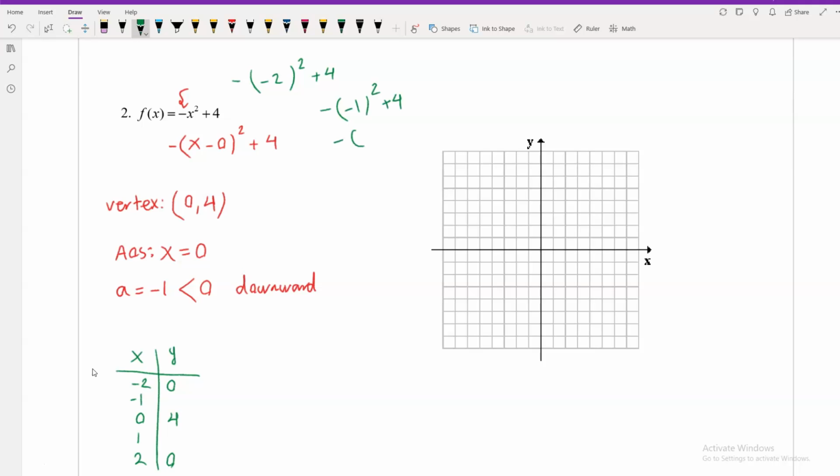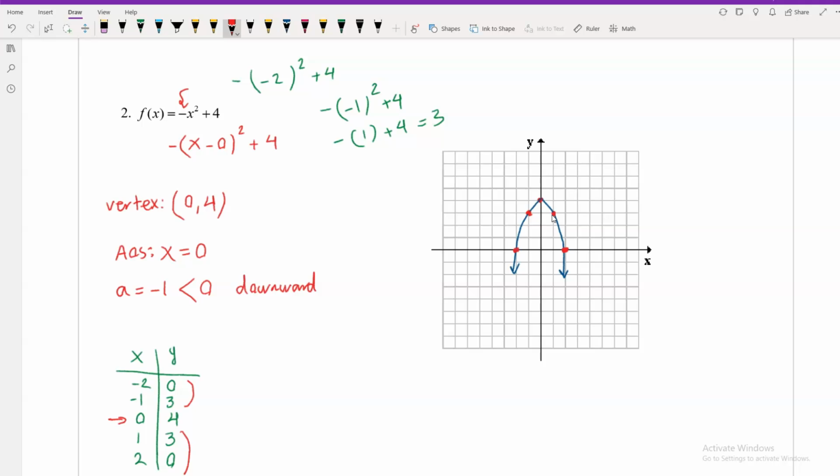So that is negative times 1 plus 4. So that is 3. So here we have 3. And we're going to have the same thing here on this part. The vertex is here in the middle, and the answer that you have on top, you should have the same thing here on this part. If you're not sure, it's better to check your answer.